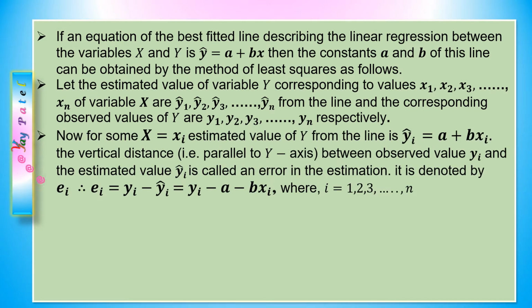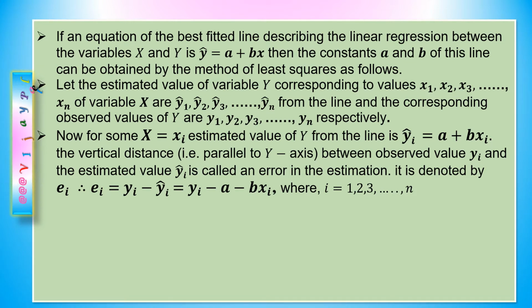Now for some x is equal to xi, the estimated value of y from the line is yi cap is equal to a plus bxi. The vertical distance, parallel to the y-axis, between the observed value yi and the estimated value yi cap is called the error in the estimation. It is the difference between the observed value yi and the estimated value yi cap, denoted by ei.